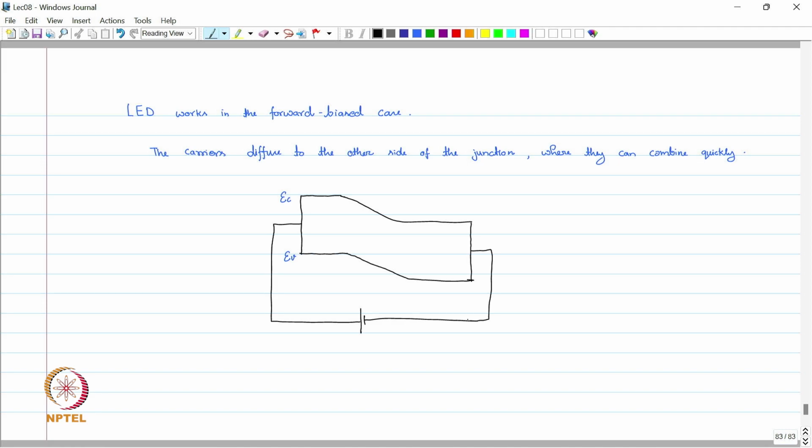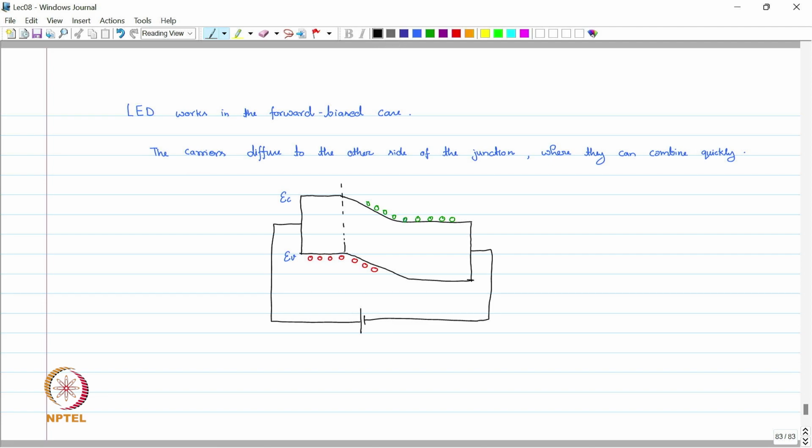So when we apply a forward biased voltage, these electrons will start moving towards p type, and these holes which are on the p side, they will start moving towards n type.